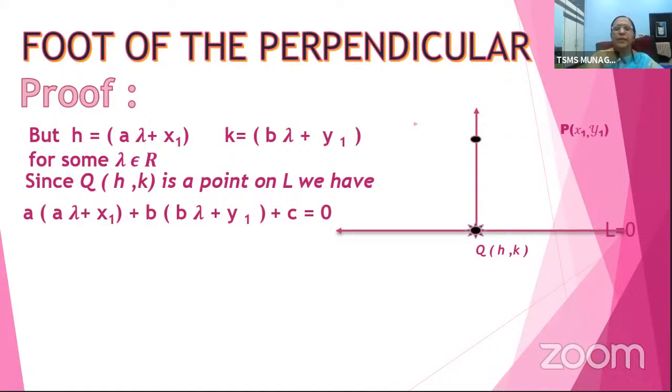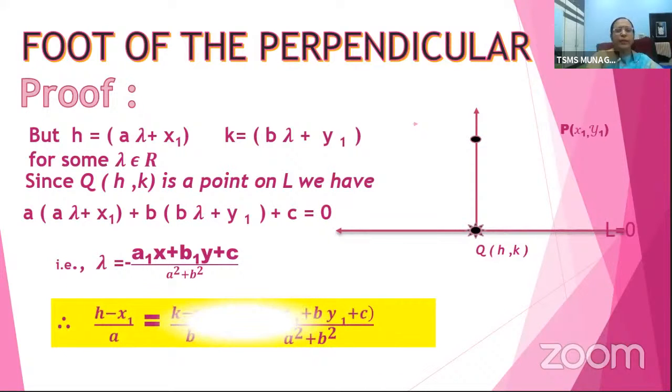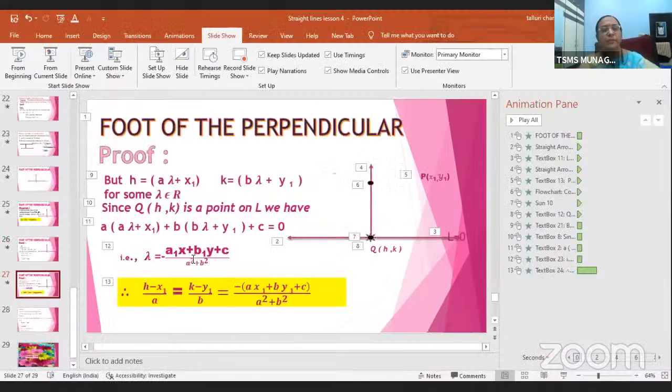And on simplifying this, we will get λ = −(ax1 + by1 + c)/(a² + b²). And that is how we will get the formula (h − x1)/a = (k − y1)/b = −(ax1 + by1 + c)/(a² + b²).